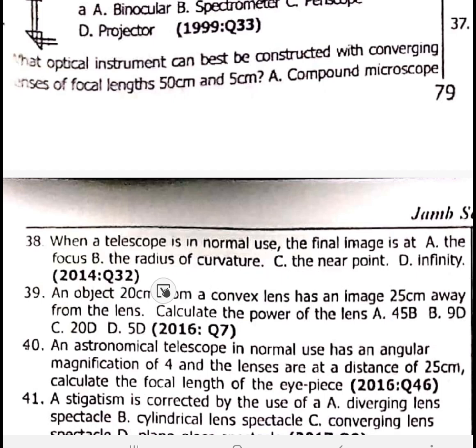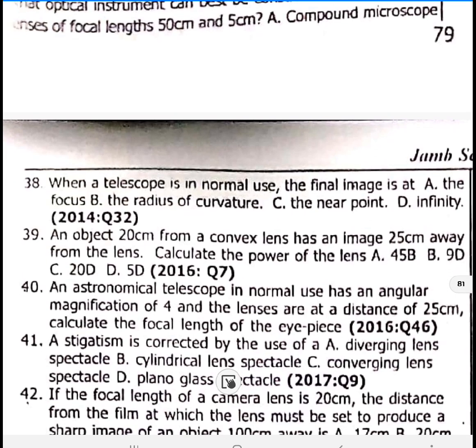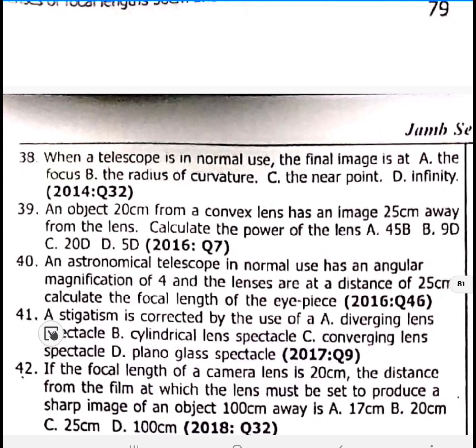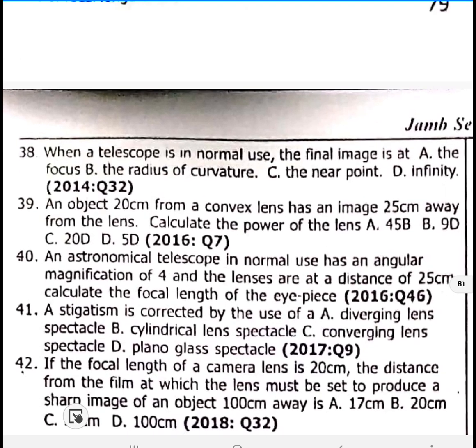Wait. No, not the near point. When a telescope is in normal use, you could go back to check it. An astronomical telescope in normal use has an angular magnification, a bit of solving. 41. Astigmatism is corrected by the use of cylindrical lens, option B. 42 has to do with calculation, you see.